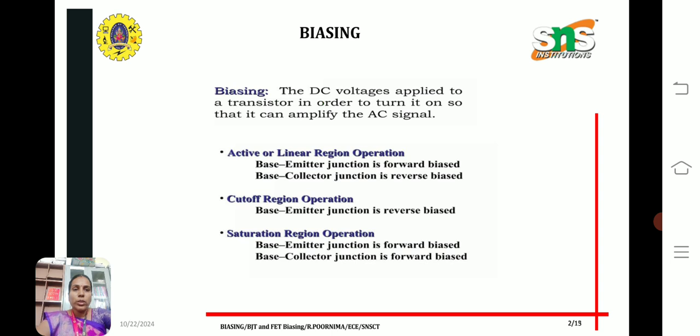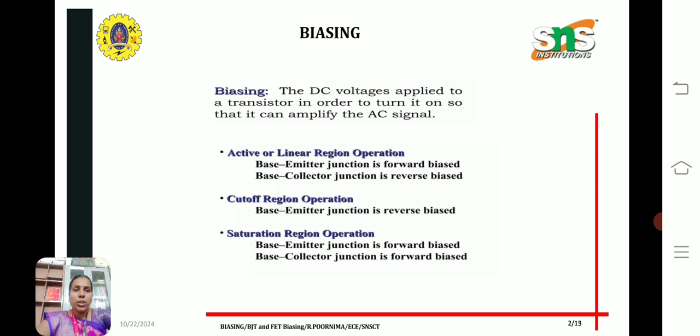Biasing means the DC voltages applied to a transistor in order to turn it on so that it can amplify the signal. There are three regions of operation in a transistor. The active region or linear region, where the base emitter junction is forward biased and the base collector junction is reverse biased.